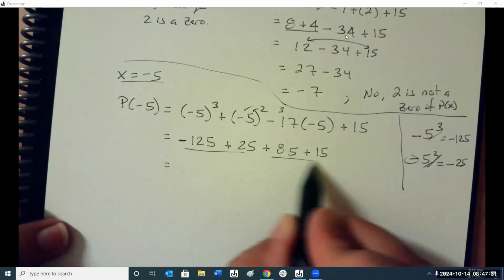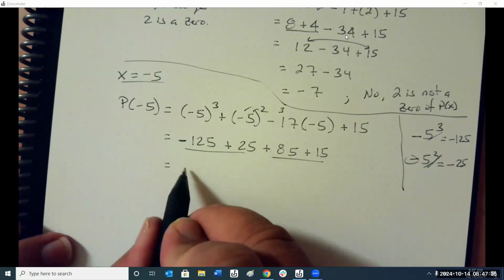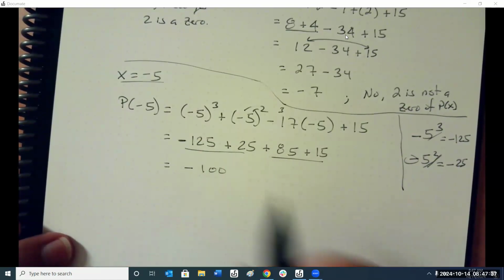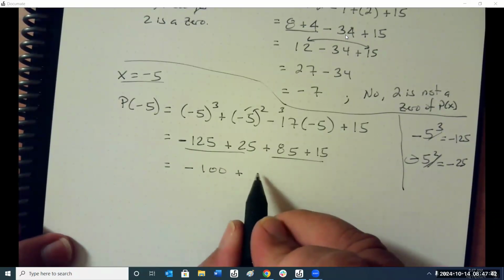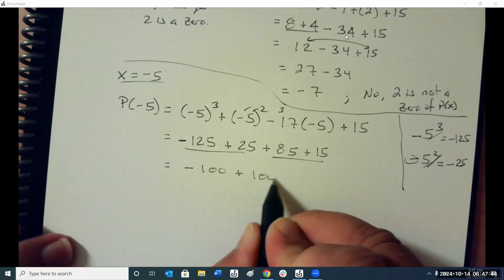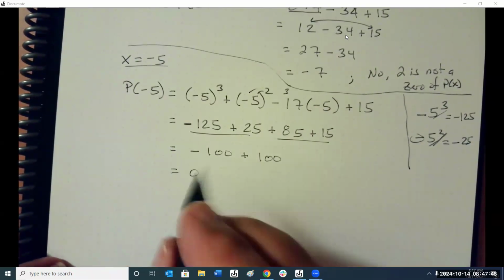So we could do both of these at the same time. Negative 125 plus 25 is negative 100. 85 plus 15 is 100. Negative plus positive 100 is 0.